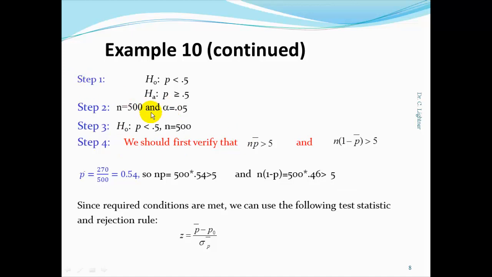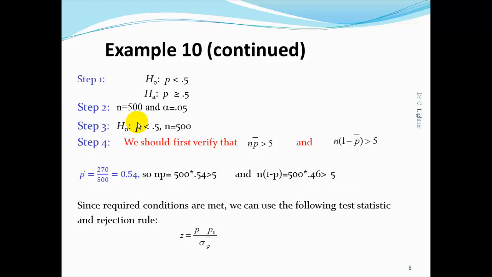In step 2, we should go out and collect sample data in order to test our hypotheses. We should state our sample size, which is N equals 500, and our level of significance, alpha, equals 0.05. In step 3, we should go and research the appropriate test statistic and rejection rule for our scenario.